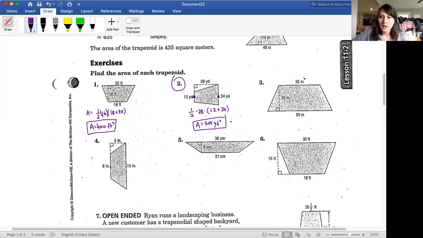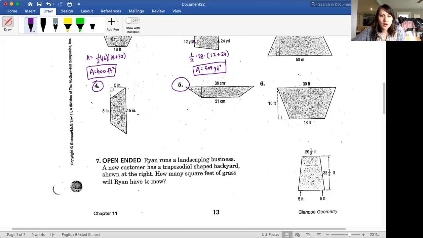Okay. I don't feel like I have to do all of these with you, so I might do like 4 and 5, and that's it, okay? So number 4, again, we've got to identify the height is 5. The bases are 8 and 15. Those are parallel, so those stand out as our bases. So it's 1/2 times 5 times 8 plus 15.